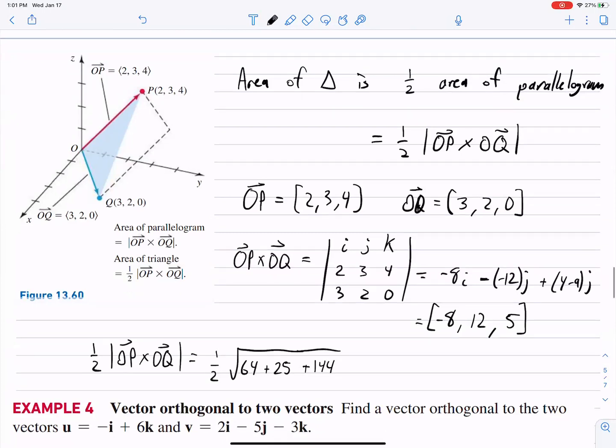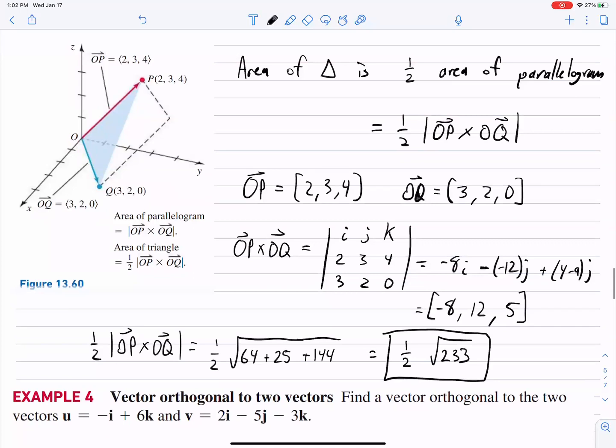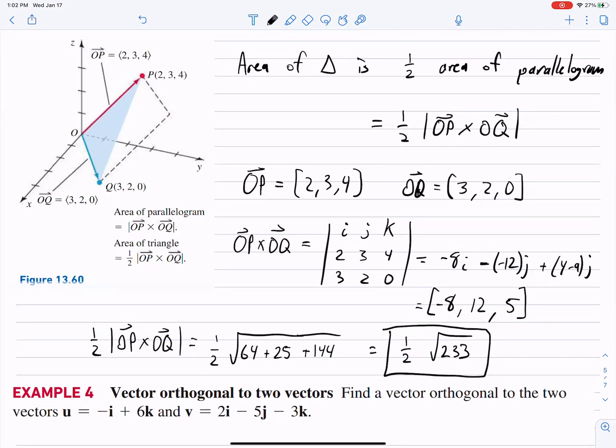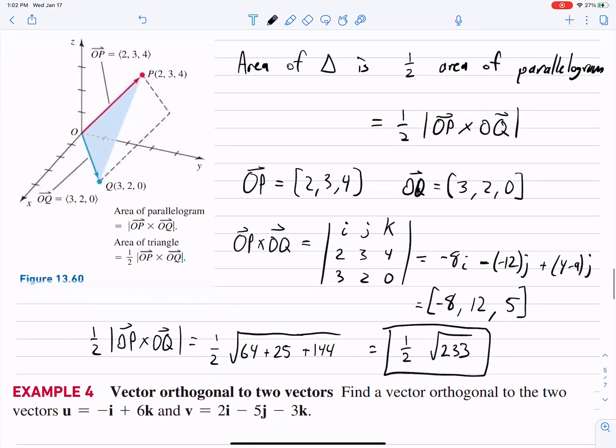That's 169 plus 64. 173 plus 60 is 233. So that's the answer. I don't know if that's anything special, but I think that's right. So that's the area of the triangle. Nothing crazy, nothing special.